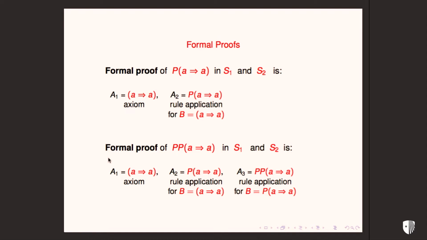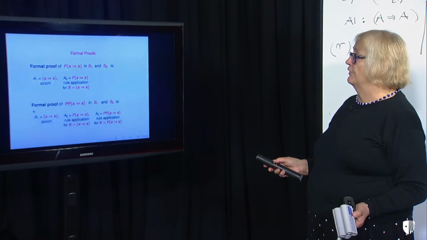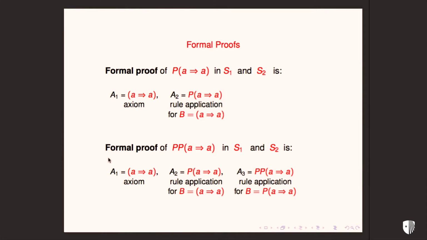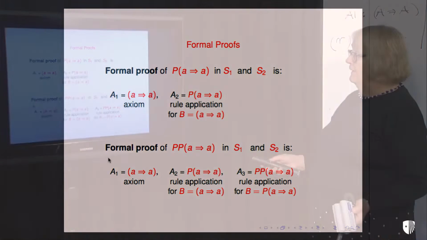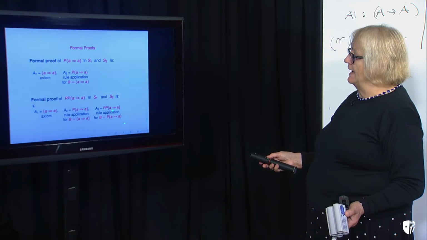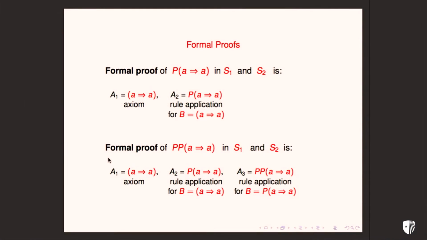And here you have some examples of formal proofs, and you can see how we will be writing the formal proofs. For example, the formal proof of A implies A is the same in both systems, because this is an axiom in S1 and in S2. And then you apply the rule for B equal this, and you have the application. Now, if you start with this, we prove A implies A, and these are the same proofs in both systems.